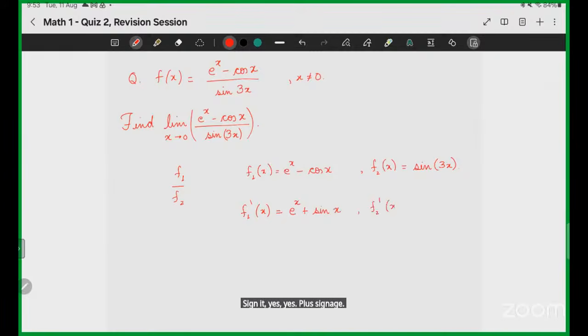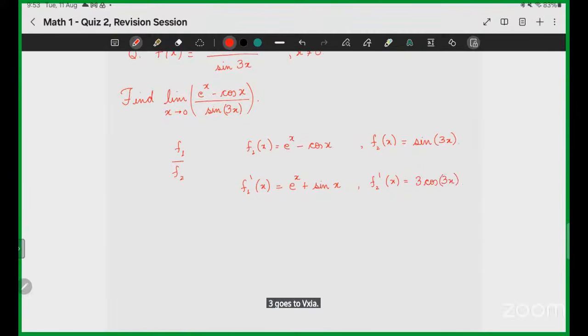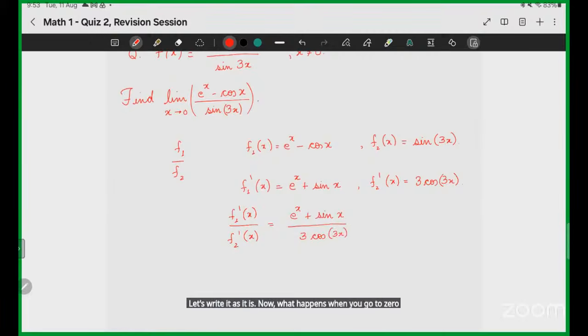And what about f2 prime? 3 cos 3x. What about taking the ratio? It will be (e to the x plus sin x) divided by 3 cos 3x. Let's write it as it is. Now what happens when you go to 0? 1 divided by 3.